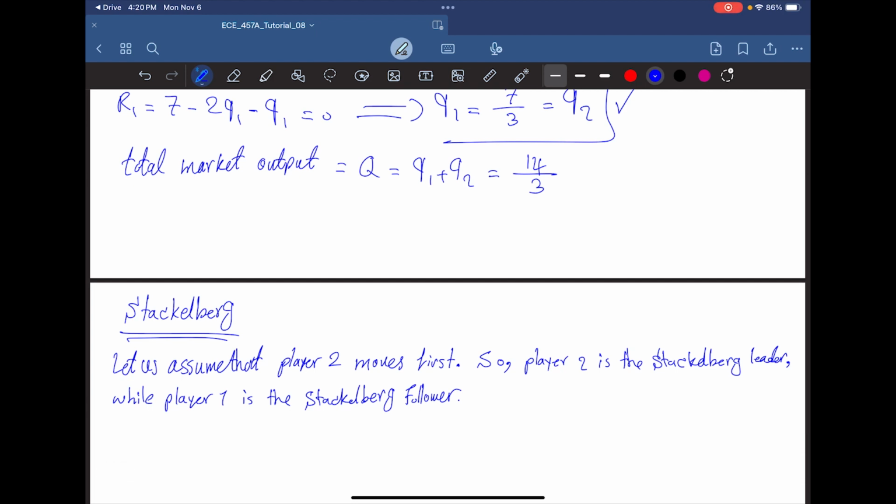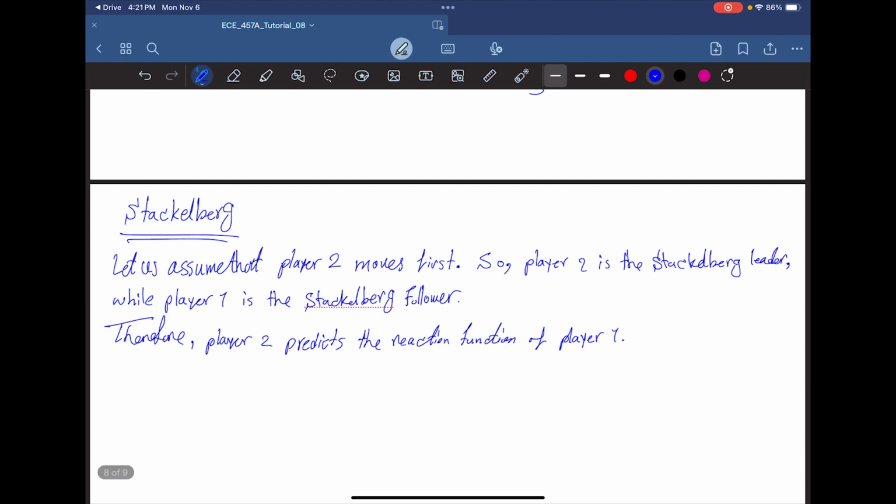So in this case, player 2, because it is the leader, predicts the reaction function of player 1.